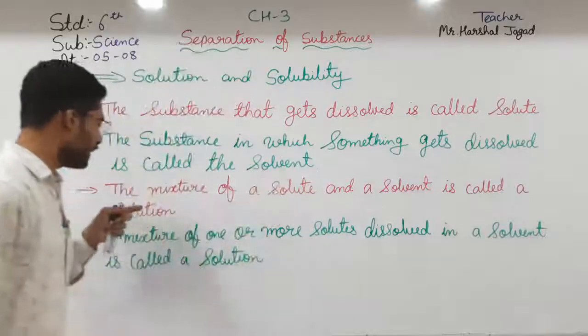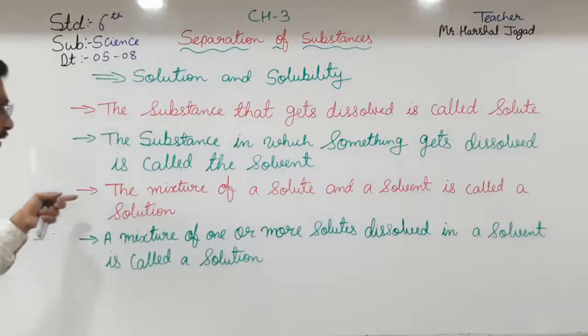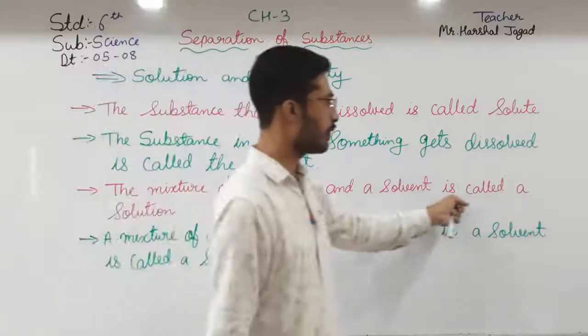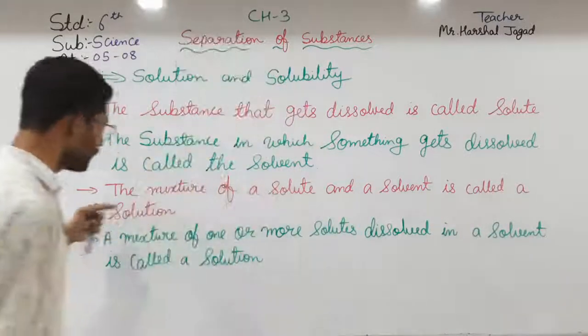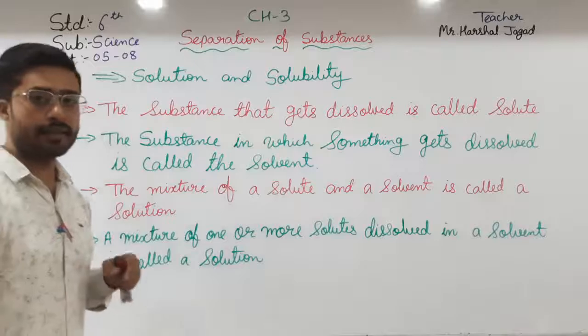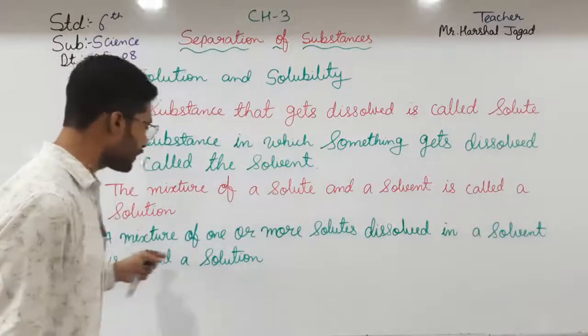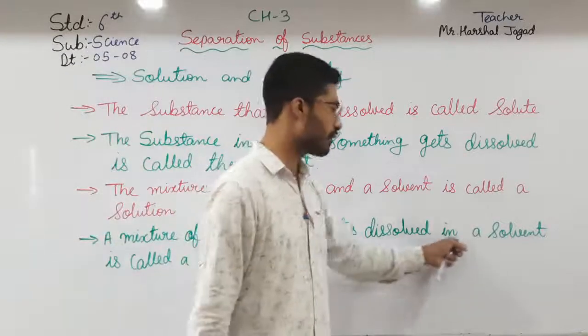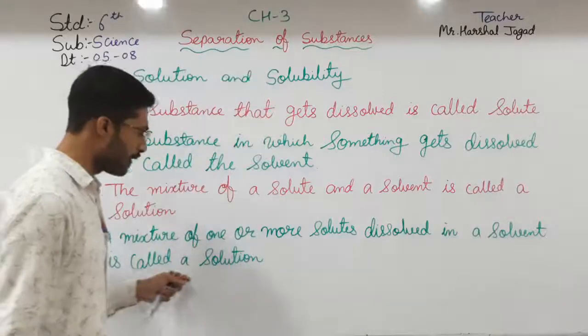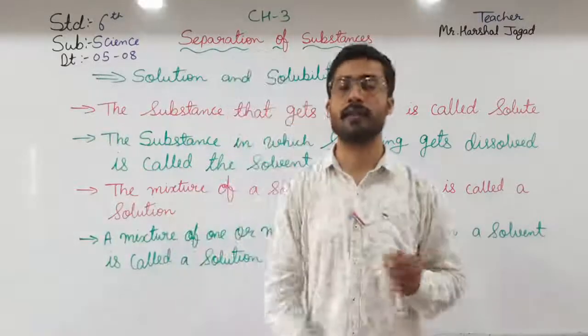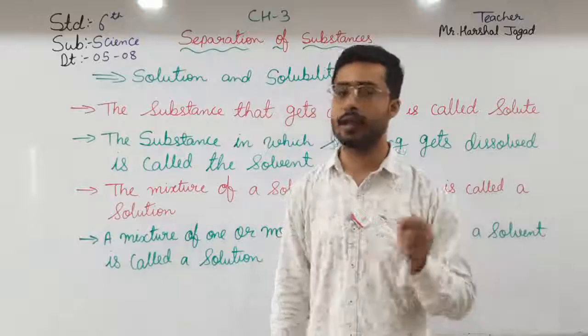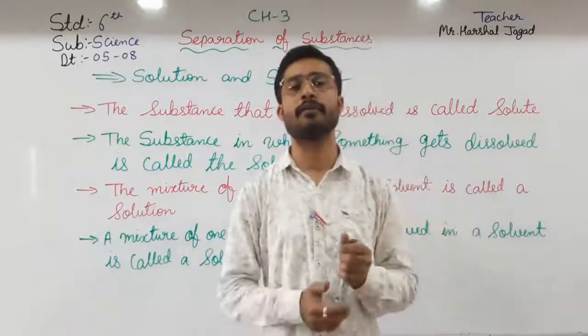Then the mixture of a solute and a solvent is called a solution. And the other definition is a mixture of one or more solutes dissolved in a solvent is called a solution. So two definitions are there and both are correct. You can write any of them.